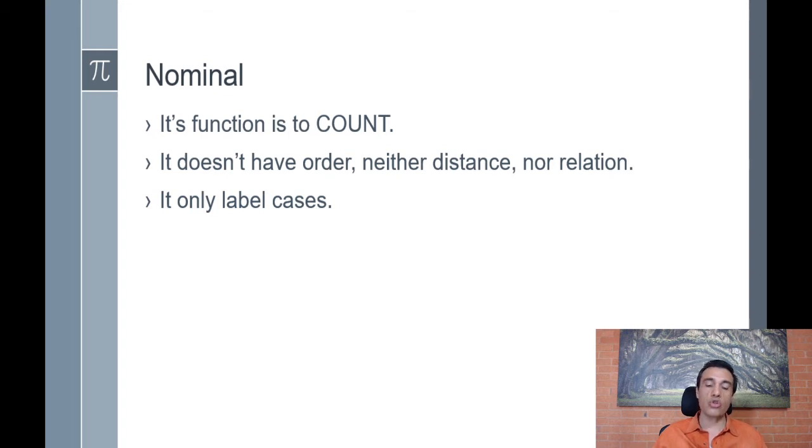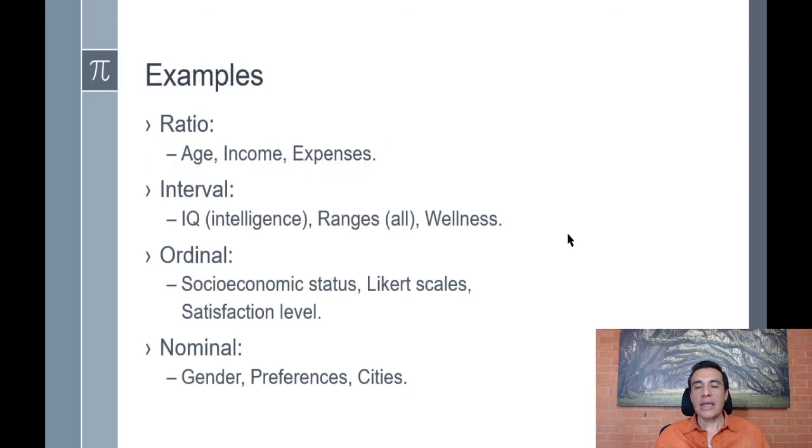Why are we going to be labeling the cases? Because we want to make a frequency. We want to count them. Mainly the statistic that we are going to be using is frequency. Okay, so now let's get to some examples of it.